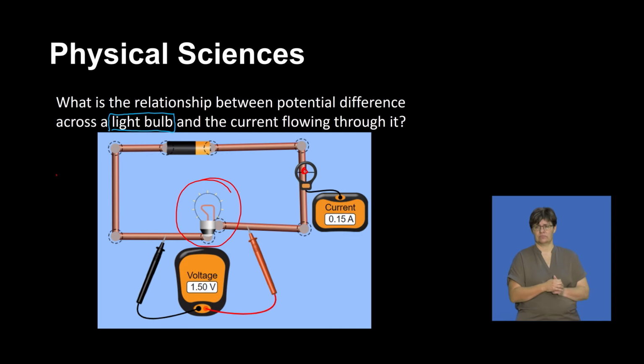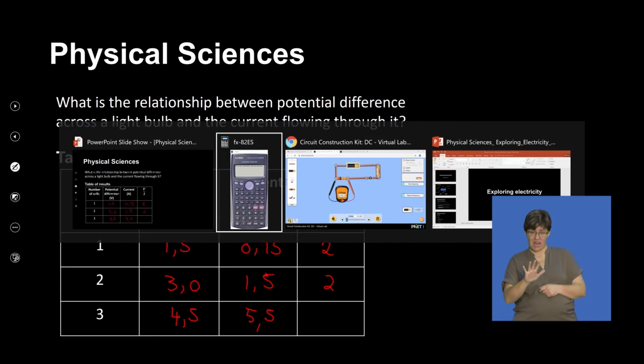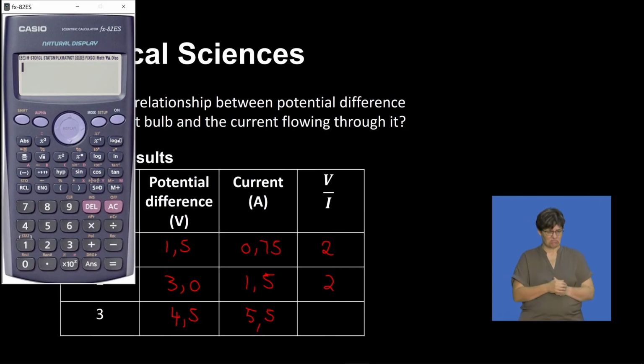So the ratio for the first set of values, which corresponds to 1 cell of 1.5 volts, is actually 2. What about the second one? 3 corresponding with 1.5 is also a 2. However, when we do the 4.5 versus 5.5, let's check how that goes in terms of the ratio. So V is 4.5 divided by 5.5.